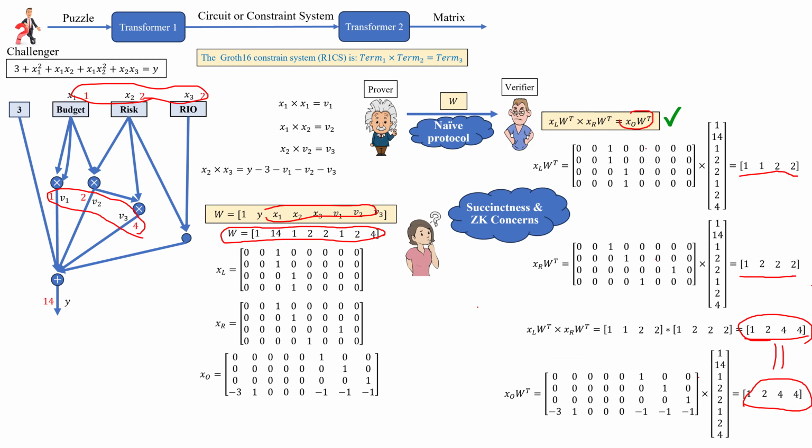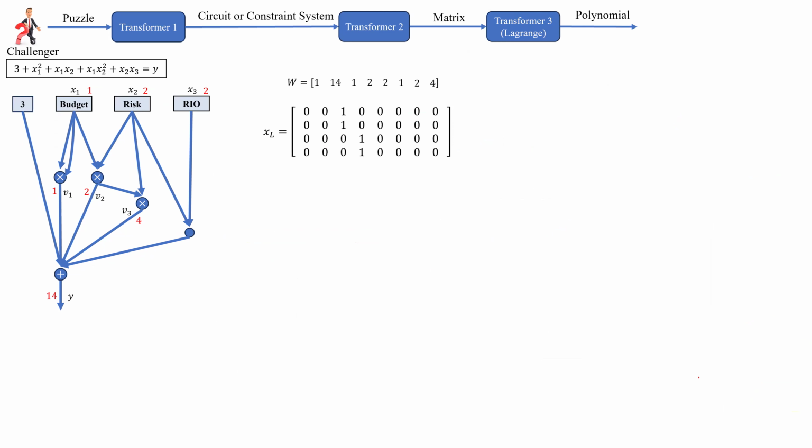Okay, now we want to go for the next step and address this concern. The next step says that you need to convert matrices into polynomials, and we use the Lagrange interpolation algorithm.